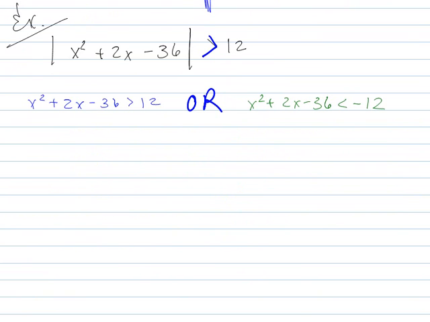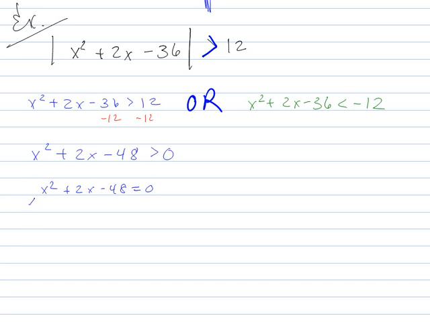So I'm actually going to go ahead and do this with you. Remember, the first thing I need to do is get everything to one side of the equation. Let's solve one side first, then the other side. So I've got minus 48 is greater than 0. So I need to find this. That's supposed to be an equal sign.